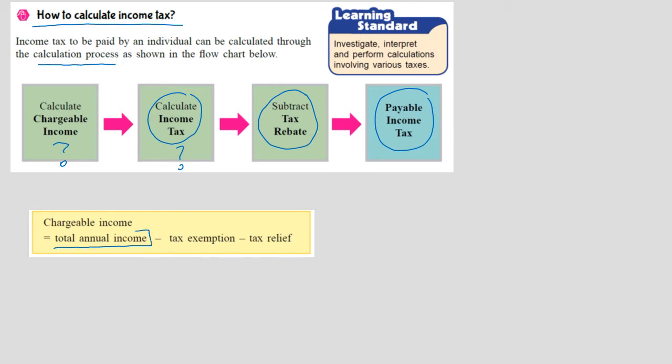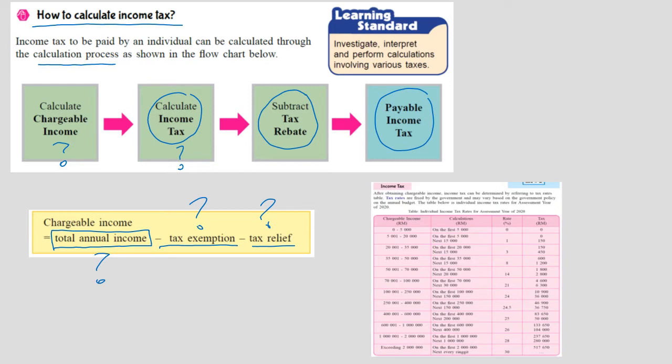This total annual income, not all your income will be taxed. Some you have to minus, like allowance, all that. And then you have to minus tax exemption and tax relief. What is this? Please pay attention. I will tell you very soon.